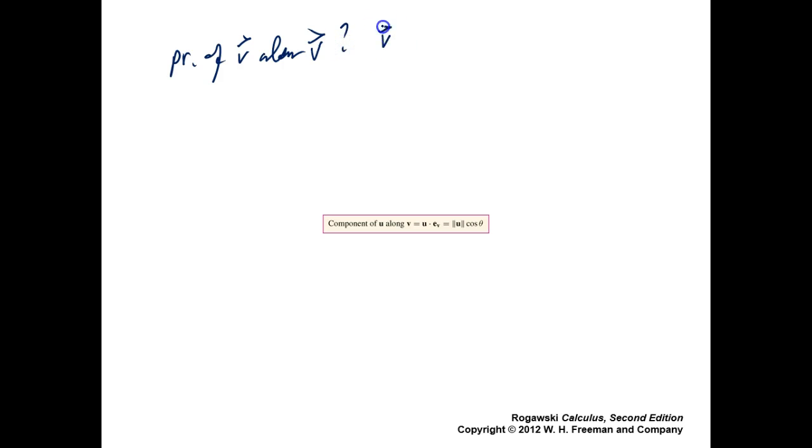Is it V or is it the unit vector in the direction of V? Unit vectors, I usually put a caret over them to remind myself we're talking about a unit vector. I would say V too, but think this way. What is U? Projection of U along V.